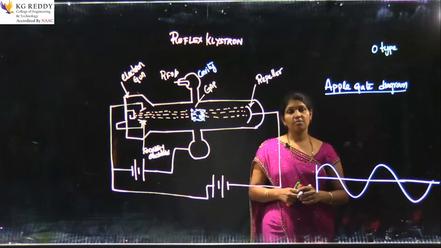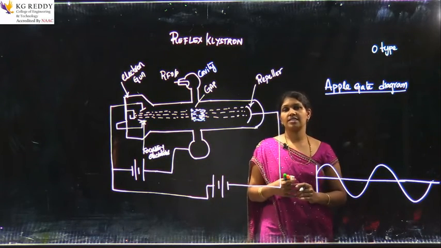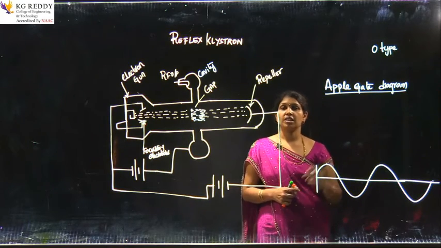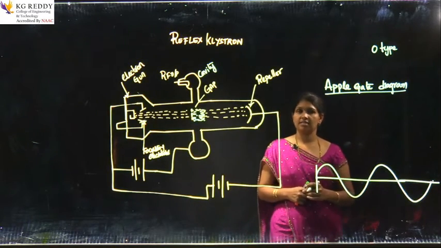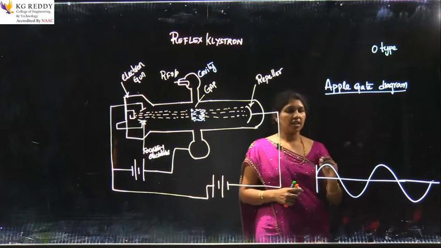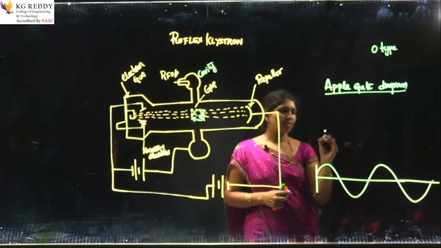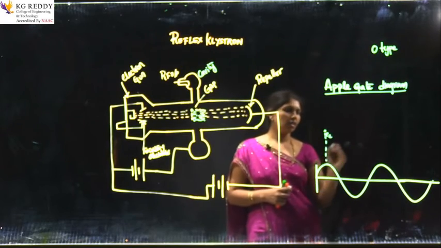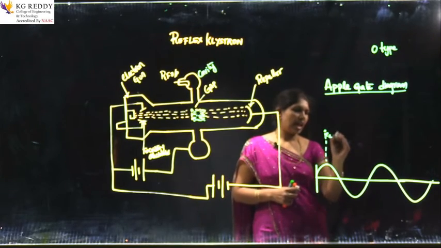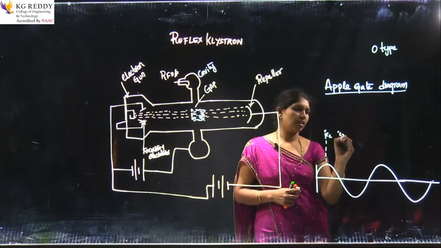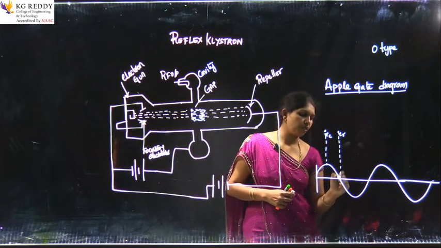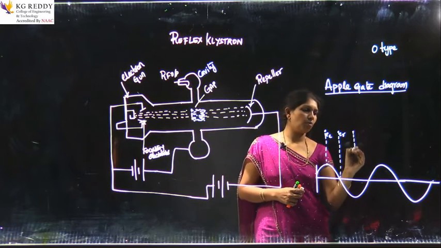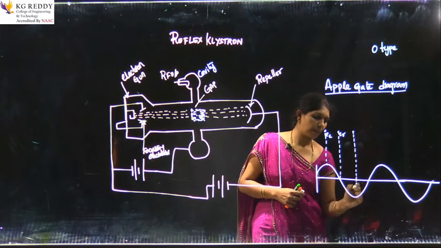The difference between two cavity klystron and reflex klystron is that in two cavity klystron, the early electron is subjected to the negative RF input, hence it moved slowly. But here, the early electron is subjected to the positive RF input. The reference electron, as usual, is subjected to the 0 RF input. The late electron is here subjected to the negative RF input.